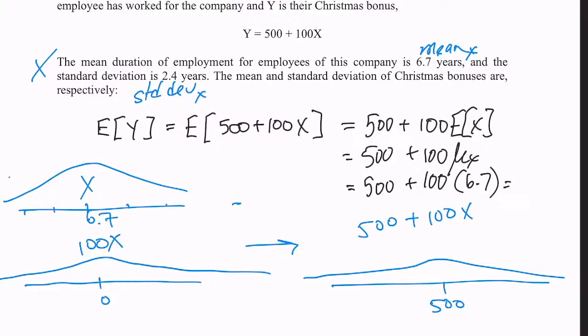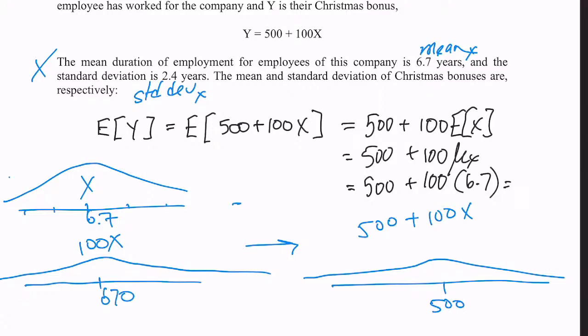I'm not saying the distribution looks like this; I'm just making it an example. Sorry, it would have been times 100, right? So this would have been 670.